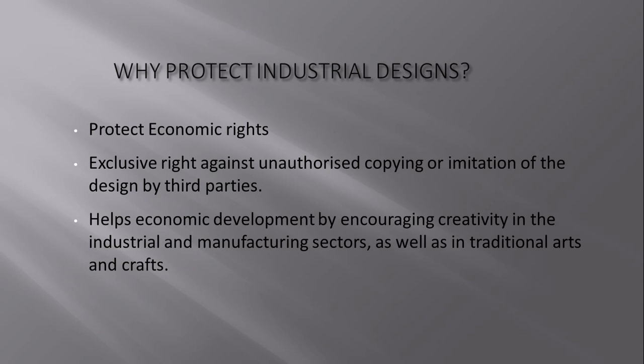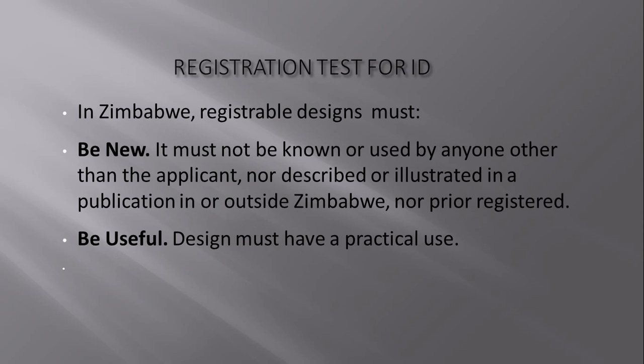So you want to benefit economically from the work that you have put in coming up with a design. You want to prevent unauthorized access or unauthorized copying or imitation of your designs by third parties. You want to encourage creativity. So all these are the benefits or the reasons why we protect our intellectual property rights through industrial designs.